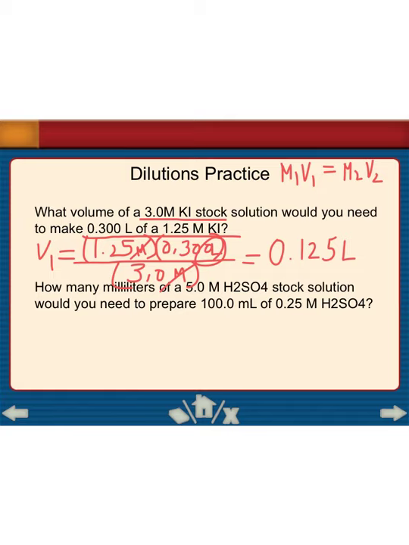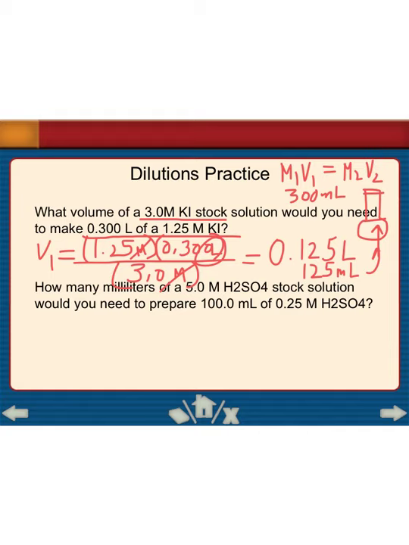And again, this would be 125 milliliters of stock solution, which you transfer right into the volumetric flask. This would be a 300 milliliter volumetric flask. You would transfer 125 mL into here and then fill it to the top, right up to the line.